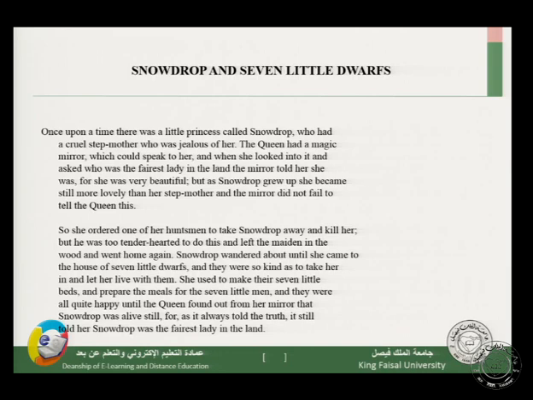They were about to fall down, and she was shocked, and the apple came out of her throat, and she was back to life. The prince was so happy, and he married the princess, and they lived happily, and everyone was happy.